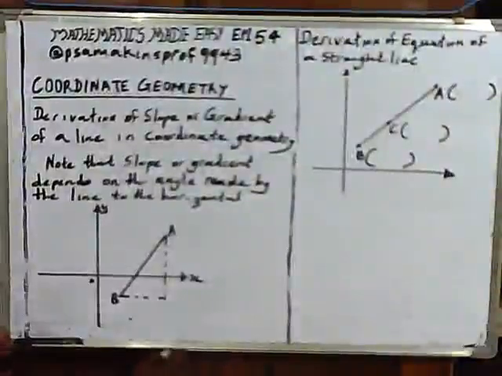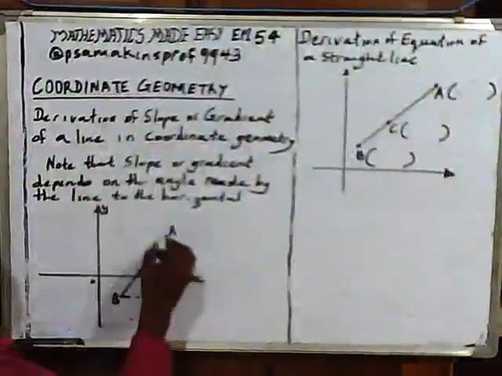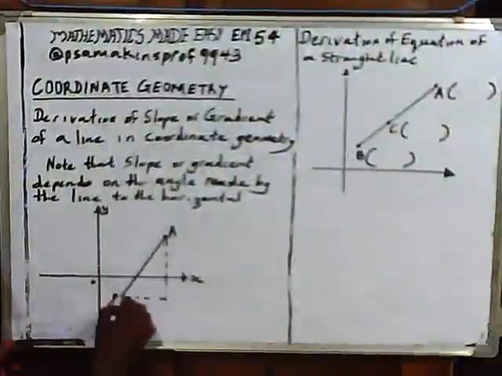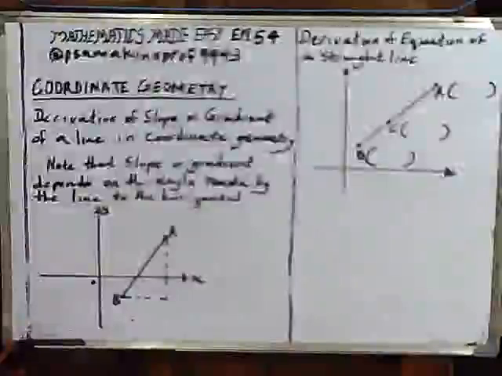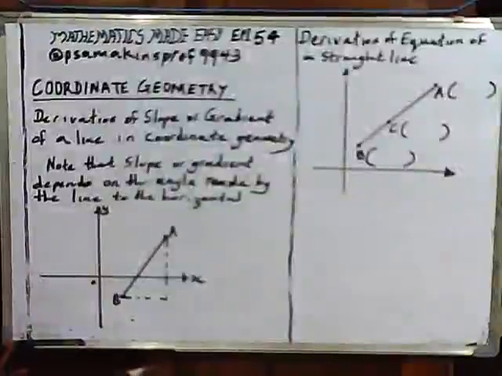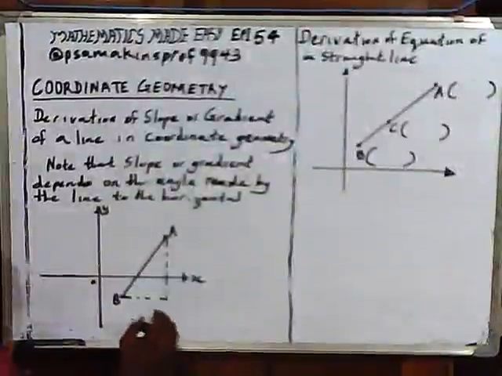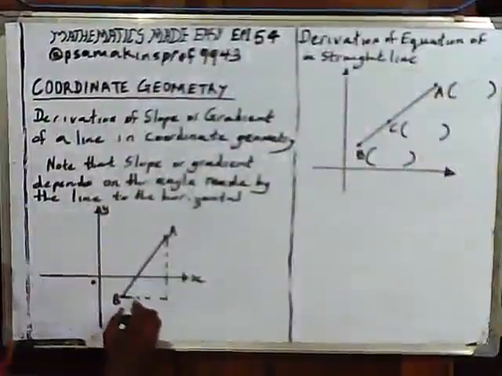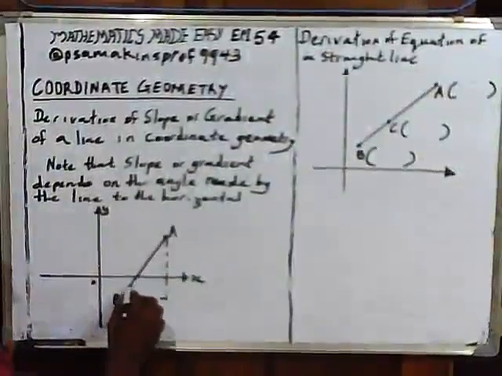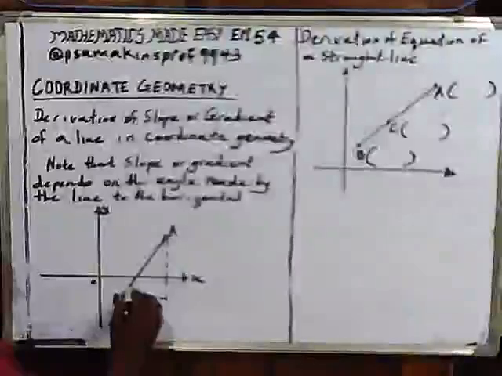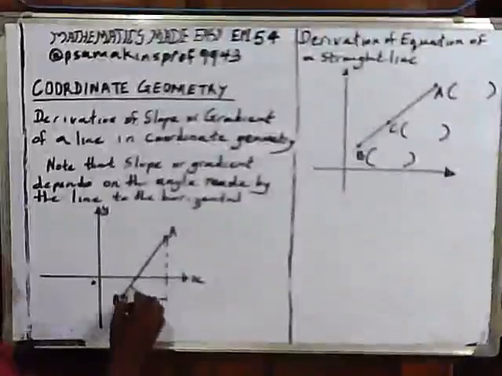That's the first thing. As a student, you must note that the slope or the gradient of a given line depends on the angle made by that line to the horizontal.